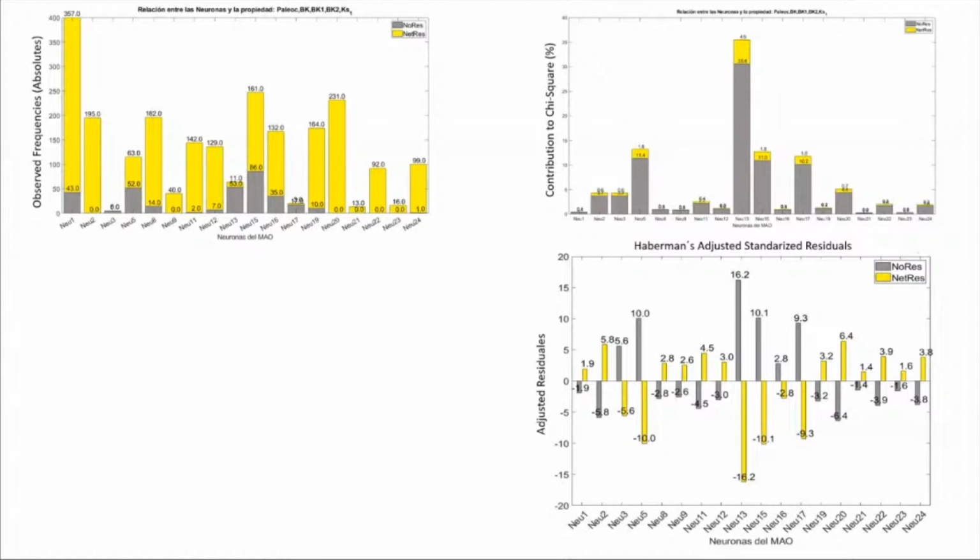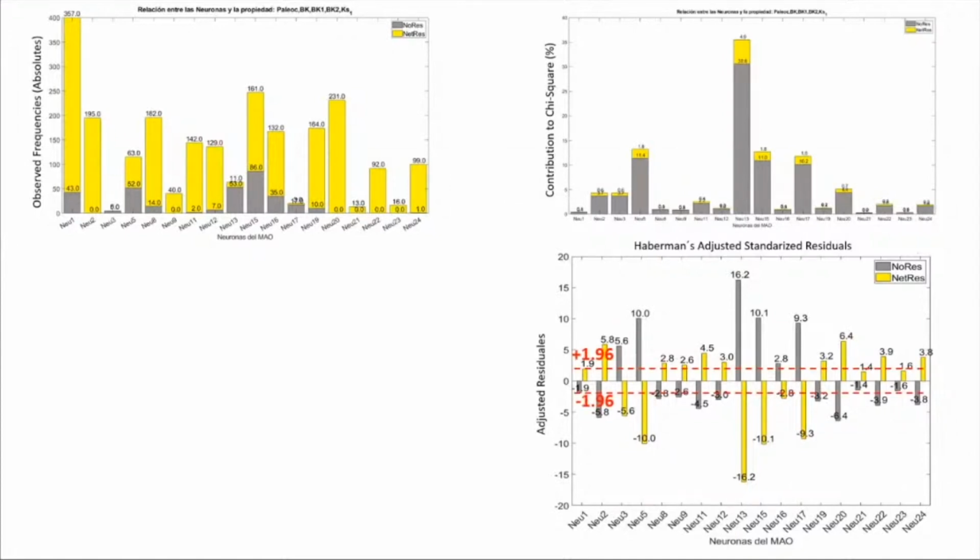The different percentages that we see in this top right corner can help us to distinguish the possible association patterns, but it's the Haberman residuals that allow us to interpret the relation between the variables.